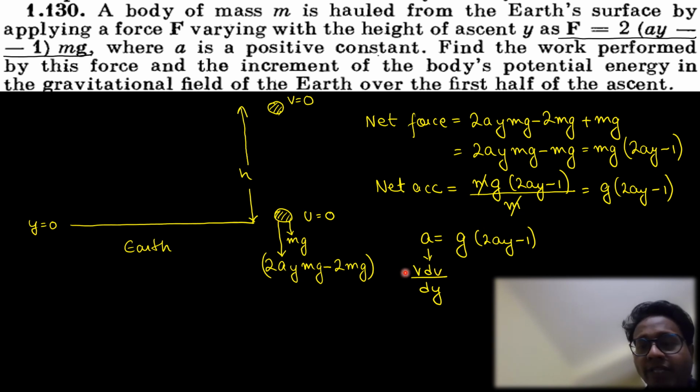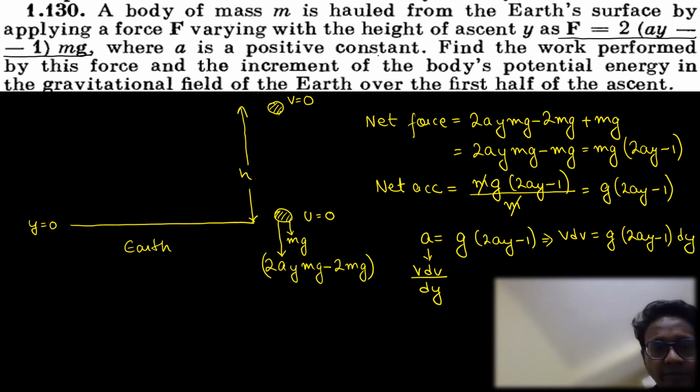So v dv by dy equals g(2ay minus 1). If I integrate this, v dv is equal to g into (2ay minus 1) dy.